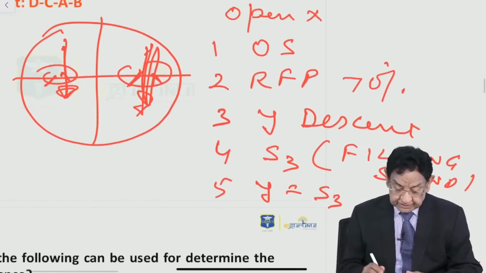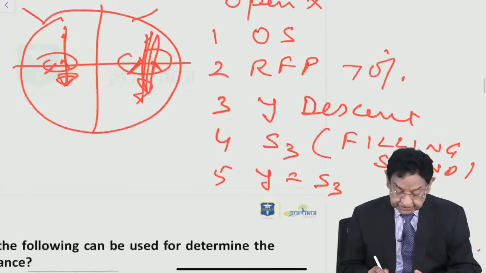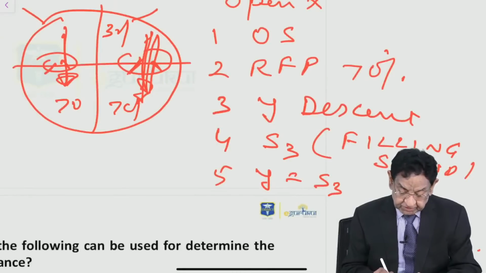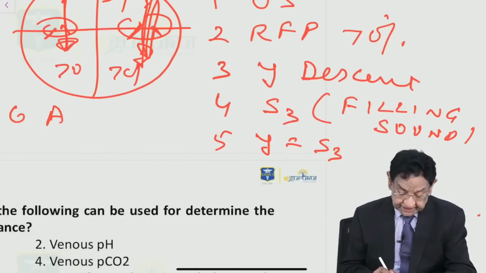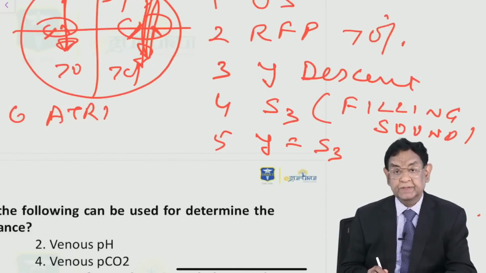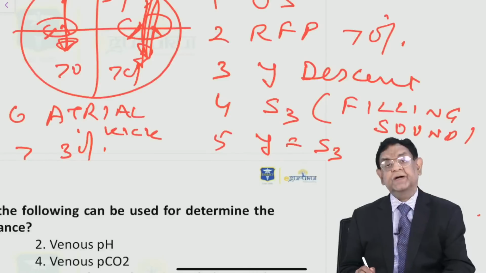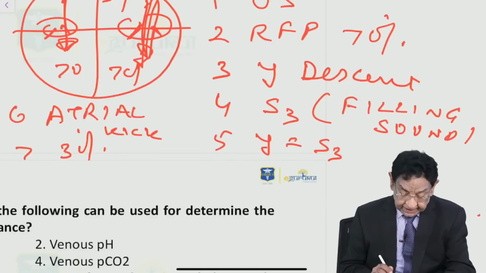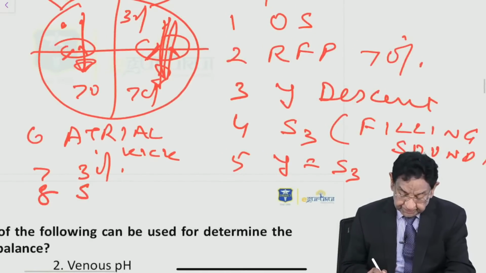In the late diastole, the atria will contract. Both the atria will contract, and they will push. 70% of the blood came in the early phase. The remaining 30% of blood will come due to atrial contraction, and this is known as atrial kick. That will push 30% of the blood into the ventricle. And on the right side, in JVP, an A wave will be produced.